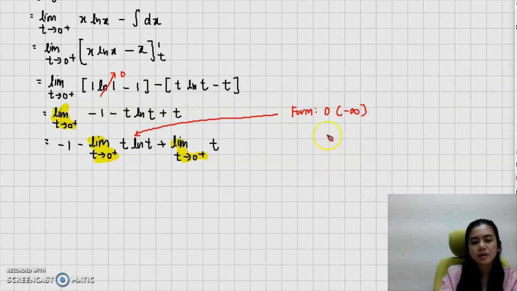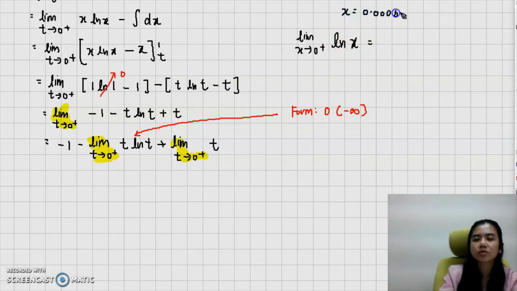Basically you can take the ln. It's actually using the same concept where we're talking about the limit approaching from the right, and we're talking about ln. You can pick a very small number, for instance, you can think of x as 0.0000001.